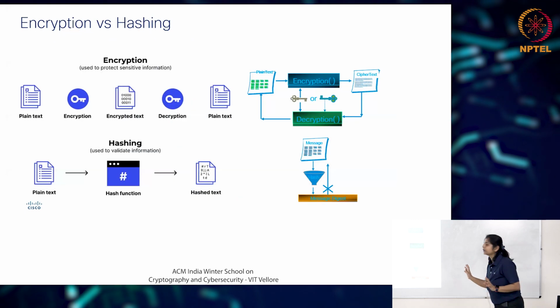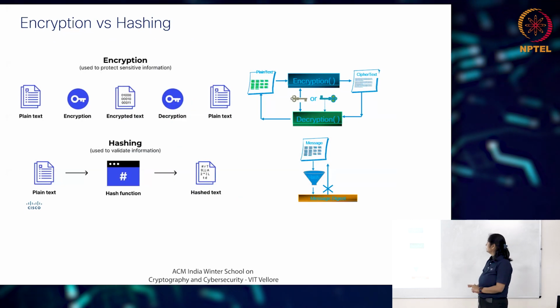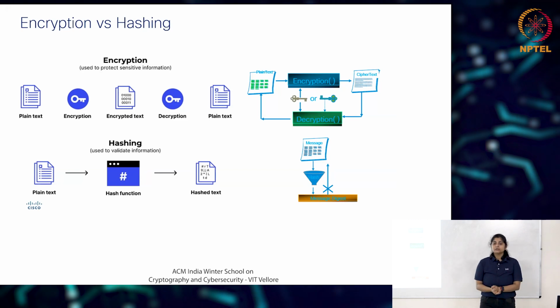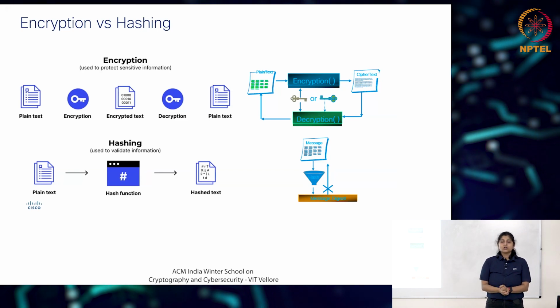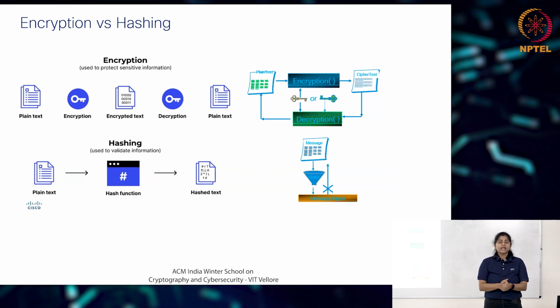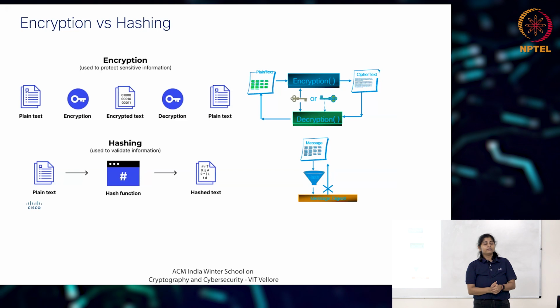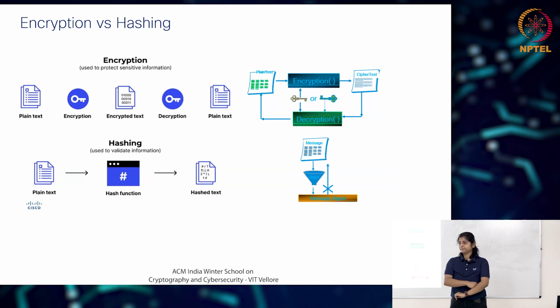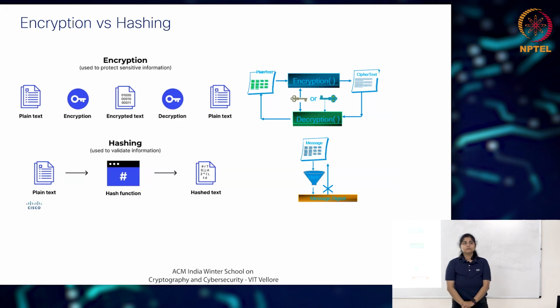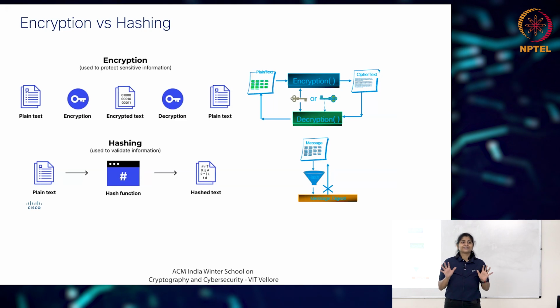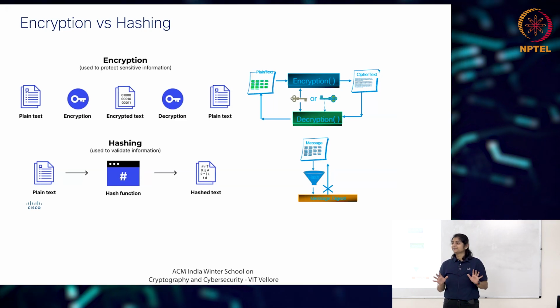Quickly, encryption, hashing, any doubts or anything? Can anyone quickly tell me what is the difference between encrypting and verification? When do you encrypt something and when do you verify? Or is there a difference, first of all? There is a difference.